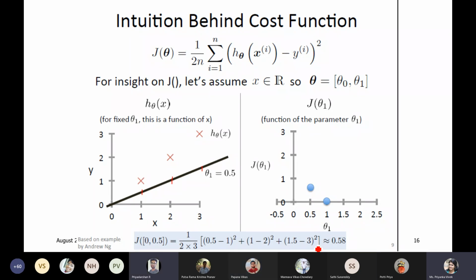Ma'am, in the J theta, is there any square root? I remember studying that if we take the square, we also have to take the square root, like root mean square error. No. Here what we are considering is just the sum of squared errors. When you say root mean square, there we will take the root.